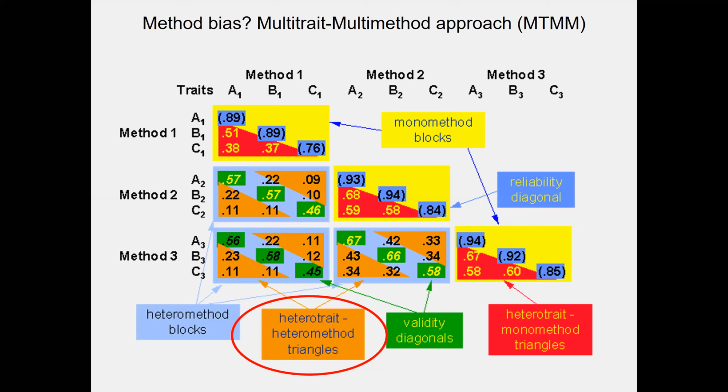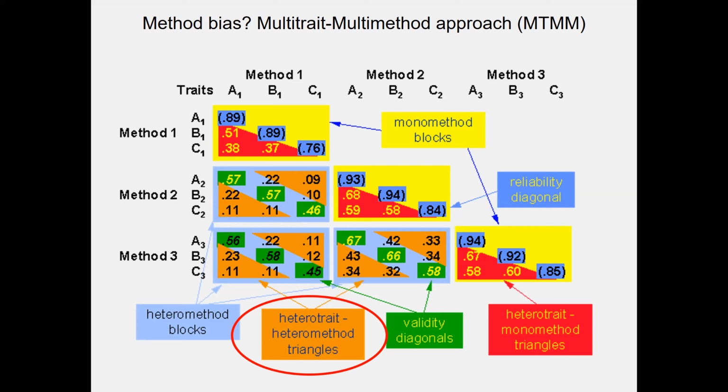So they're when you have different traits, say anxiety versus depression, and different methods of measuring them, say self-report versus clinical report. So neither the method of measurement nor the object of measurement are the same.